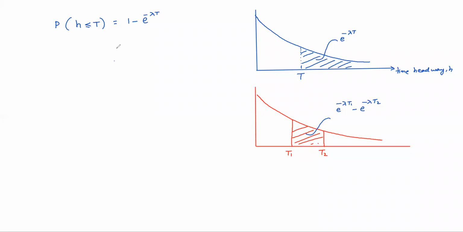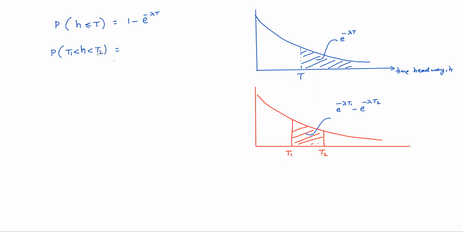That can be written as 1 minus e power minus lambda T2 minus, 1 minus e power minus lambda T1. You can write like this, right? Otherwise directly you can put like this, that area is probability of T1 less than h less than T2.